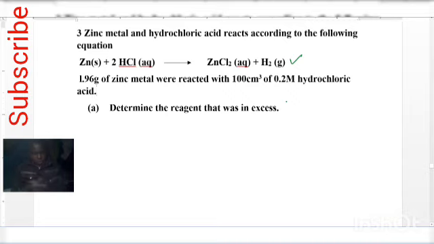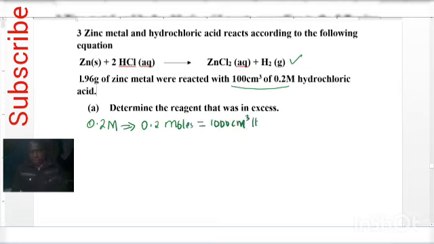So for you to determine the reagent that was in excess, first let us get the number of moles of what we know. We are sure of this. 0.2 capital M implies that 0.2 is the number of moles contained in 1,000 centimeters cube of HCl.